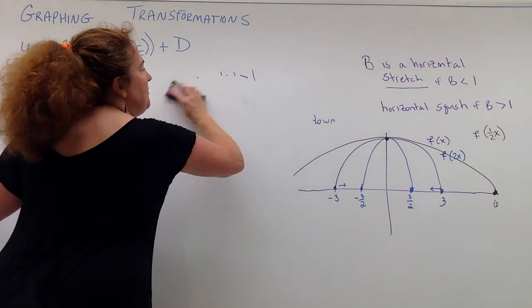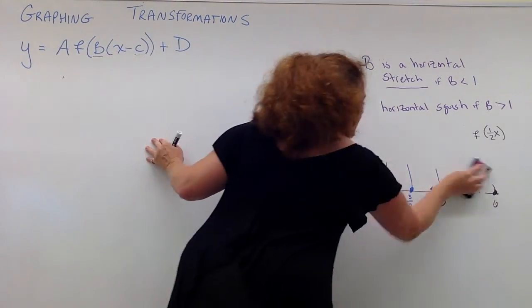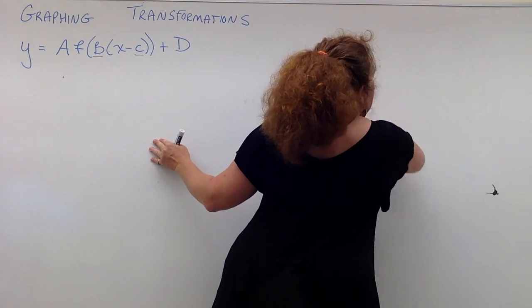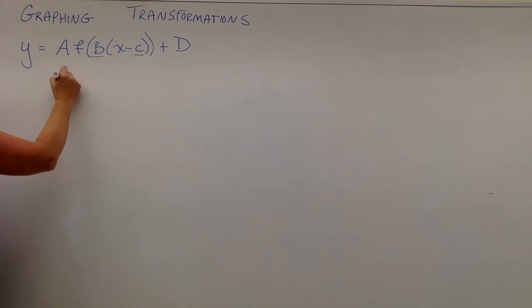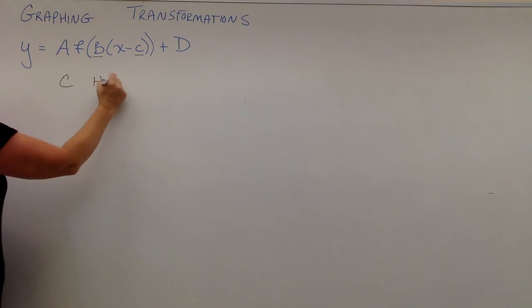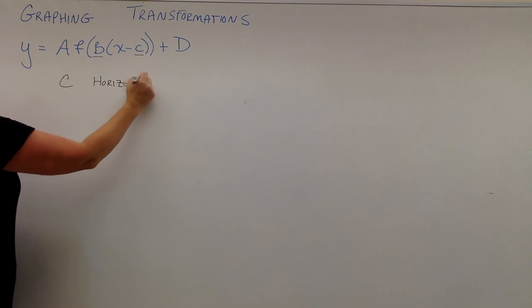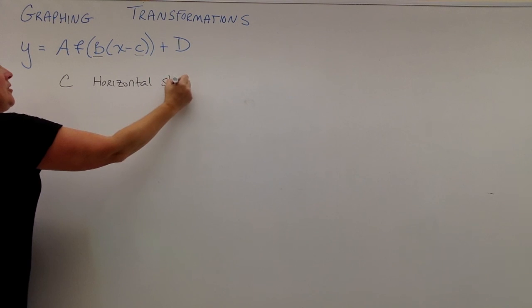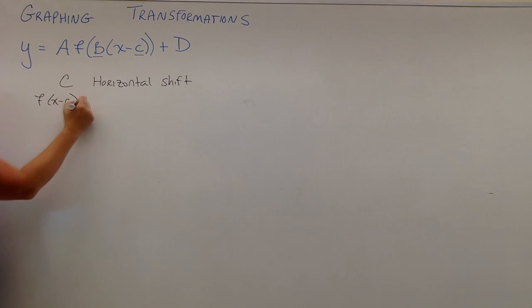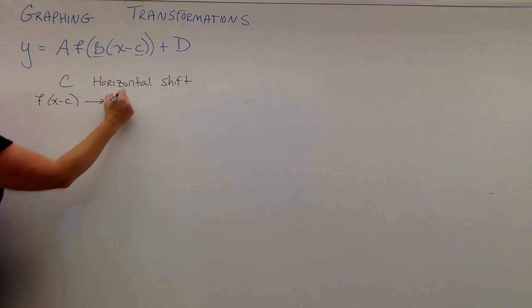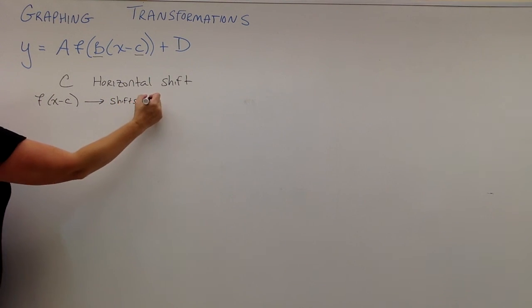So if we look at that, okay, what does C do? C is a horizontal shift. So f of x minus c shifts the graph c units right.